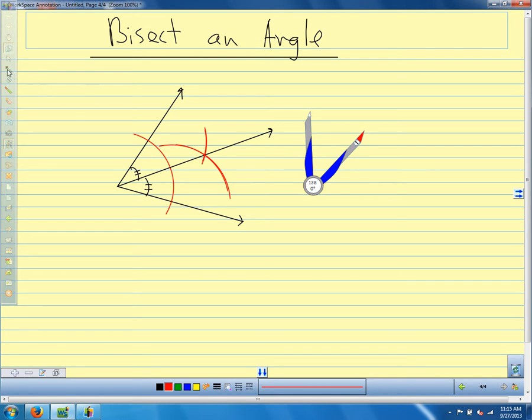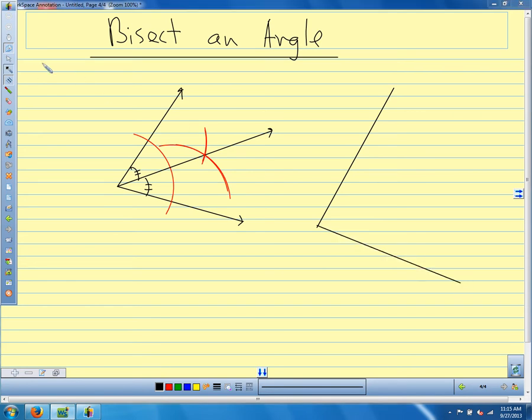So let's do that one again. There's my angle. I want to bisect this angle, so I grab my compass, set the point on the vertex, and I just make any arc through the angle, through both sides.